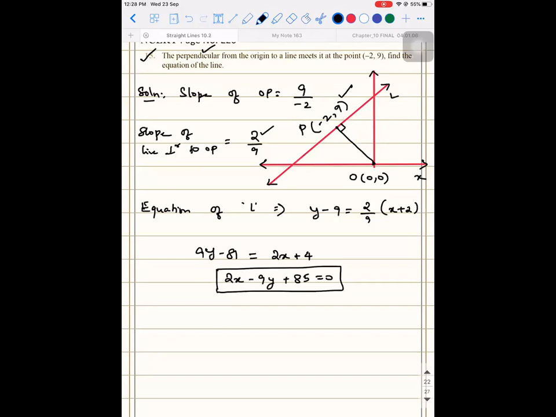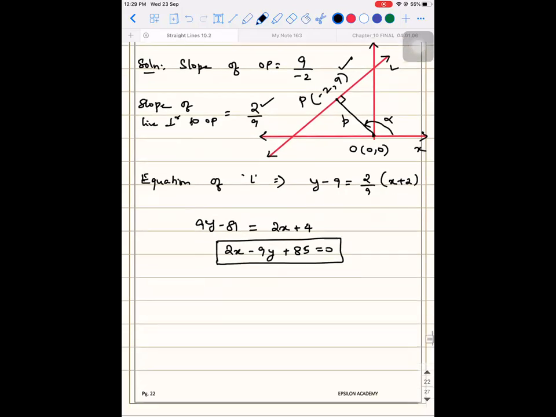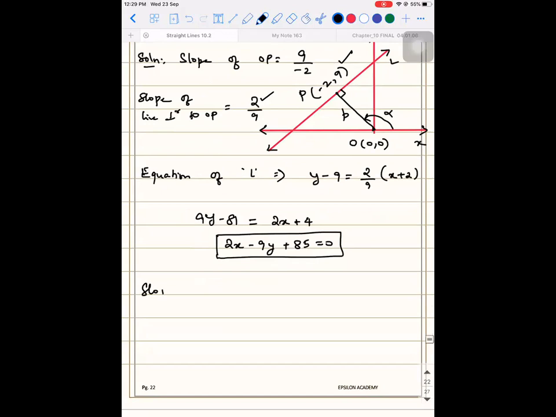Since you wanted to use the normal method, I will do it in that also and show, but it is slightly tedious. For normal form, what is needed? You need the perpendicular distance and the angle alpha. What is the slope of OP?